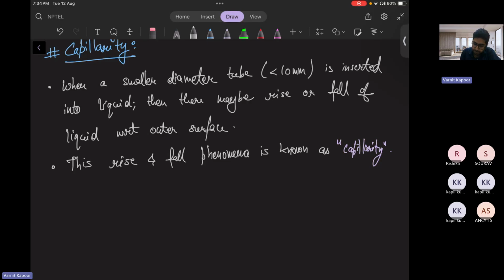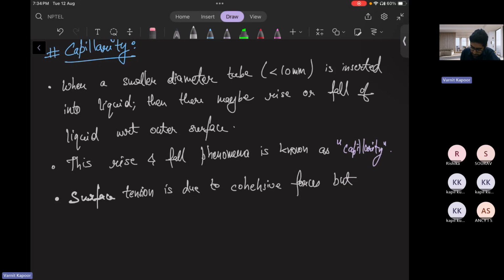So surface tension is due to cohesive forces, but capillarity is due to cohesive and adhesive forces.